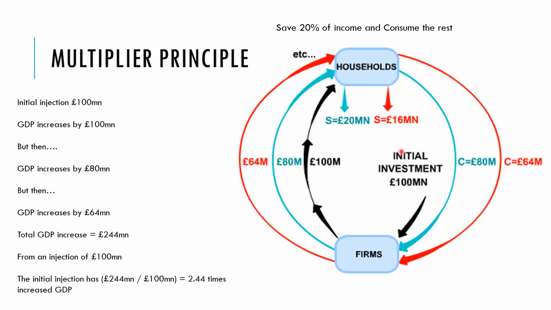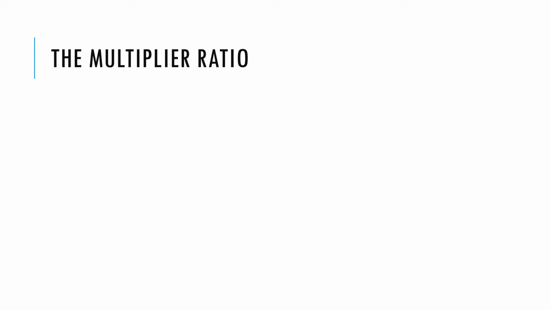When you inject money into the economy, because of the nature of flows of money and income around the economy, that initial injection is normally magnified into greater spending on GDP, on goods and services produced. And the extent to which that happens is determined by the multiplier ratio.